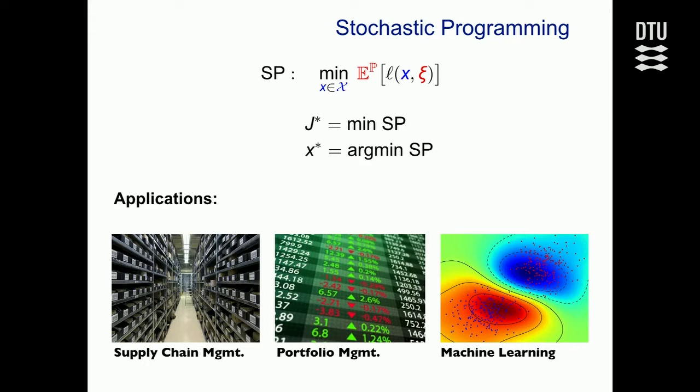So this is a very simple stochastic program, yet it has already quite a number of fundamental applications. For example, the famous news vendor problem in supply chain management, it's really the basic model of inventory theory, is of that form.